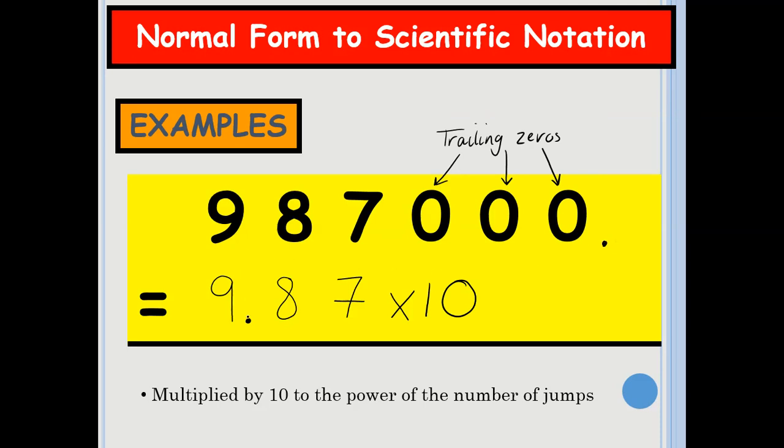When we've rewritten it, the decimal point is here, between the 9 and the 8. It's jumped. So it's moved 1, 2, 3, 4, 5 times. So in order to complete this, we're going to have to put 9.87 times 10 to the power of 5.